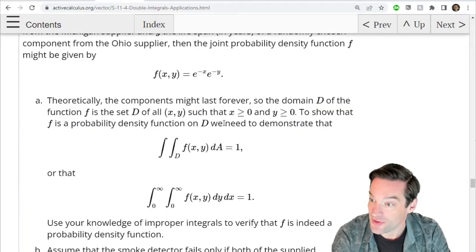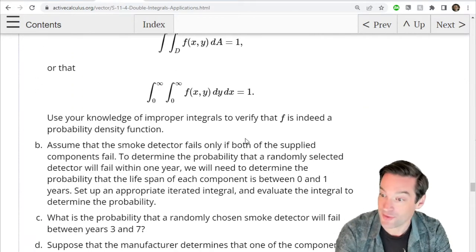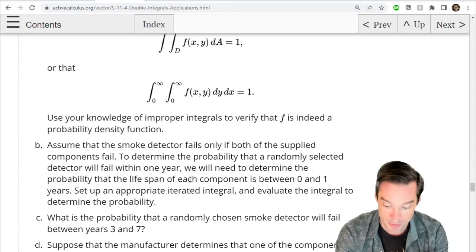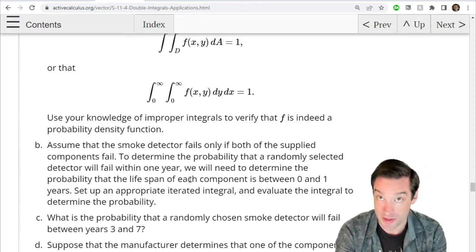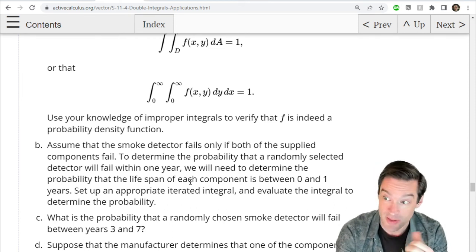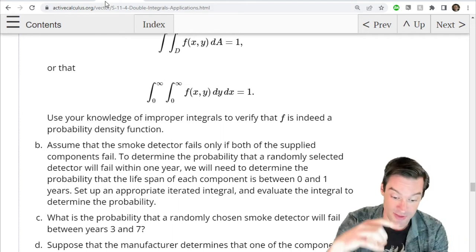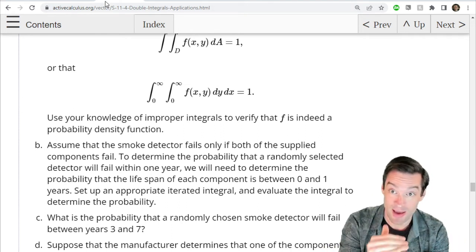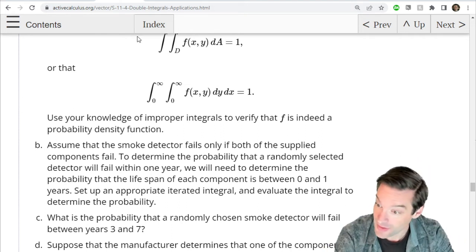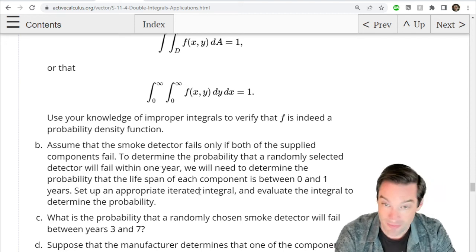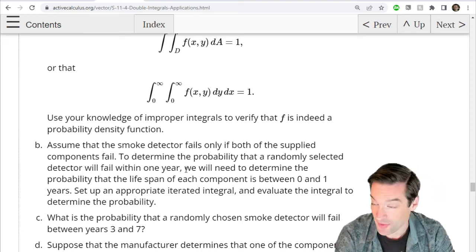And so then the question is, what are the odds that the smoke detector will fail within 1 year? In other words, what are the odds that both of my x and y have a value between 0 and 1? And so you'd be integrating this probability density over the square, 0 to 1 in the x-axis and 0 to 1 in the y-axis. And then that number is going to give us the probability, and so forth.